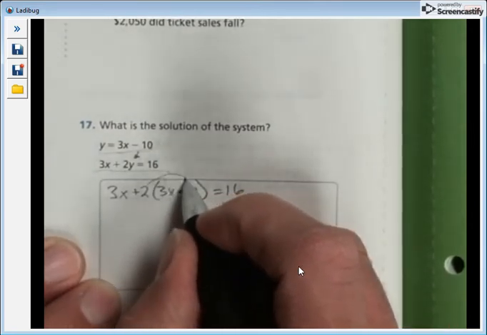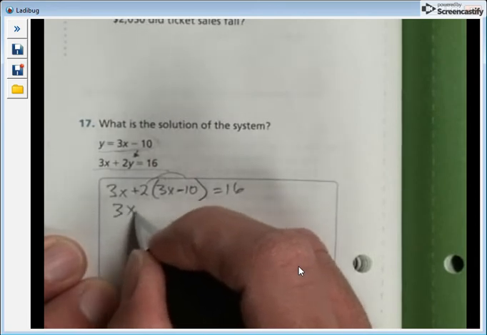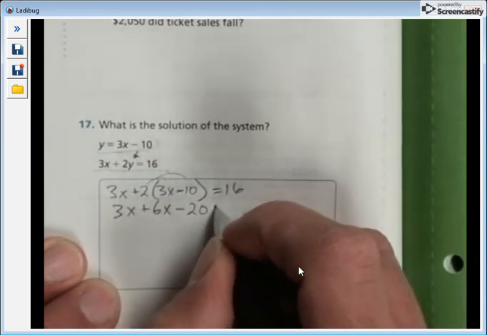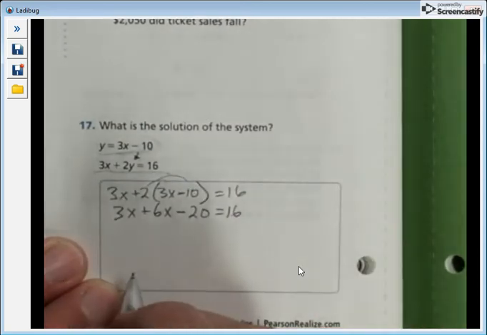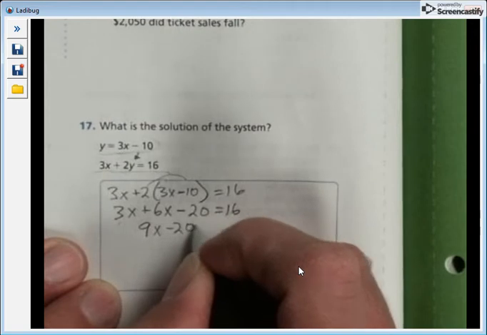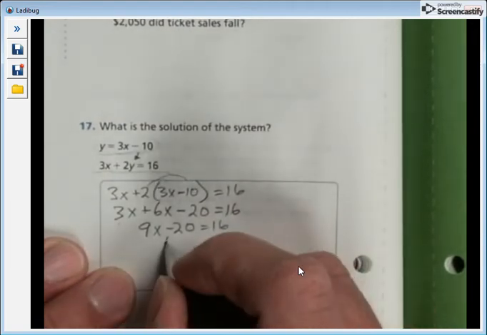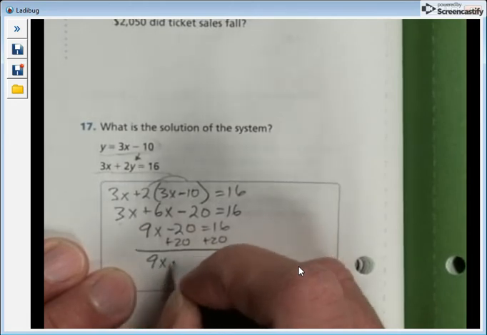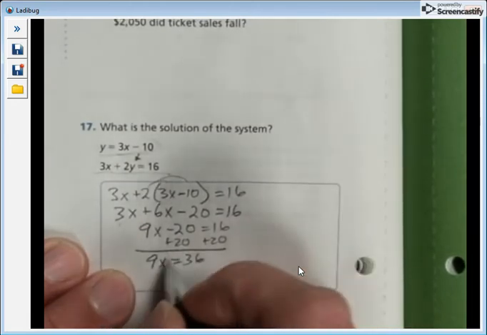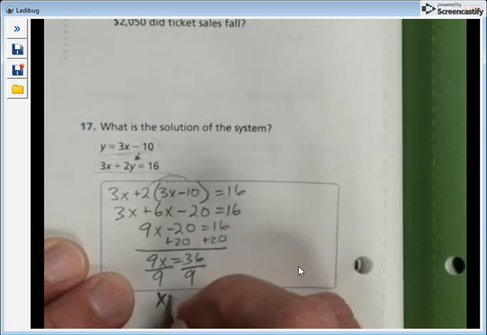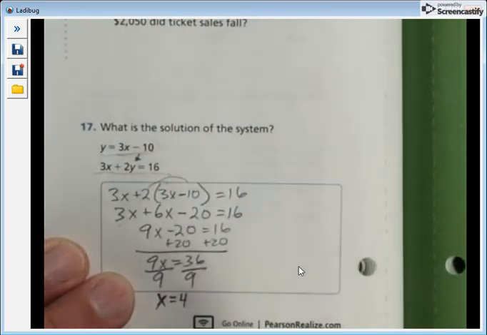Use the distributive property, 3x plus 6x minus 20 equals 16. 3x plus 6x is 9x minus 20 equals 16. Add the 20 to both sides. 9x equals 36. How glorious, because 36 divided by 9 is 4.